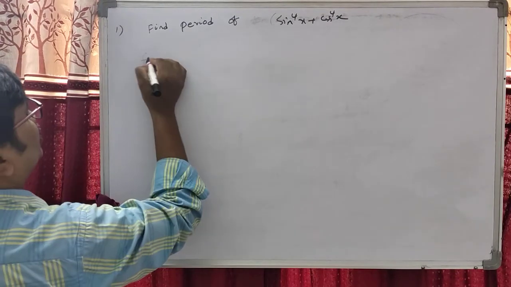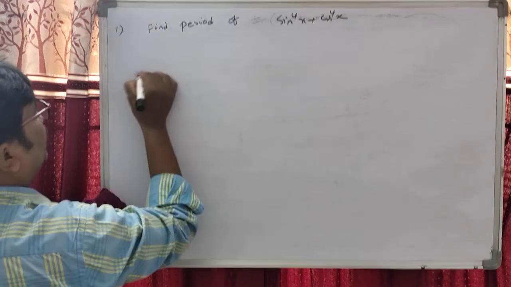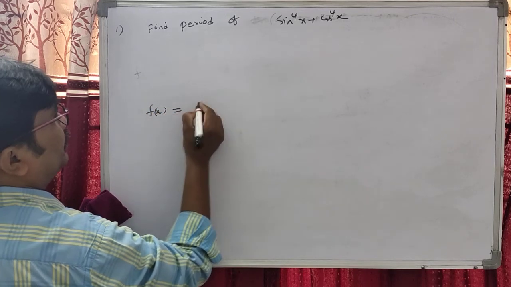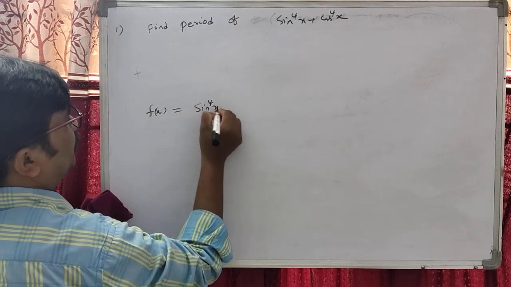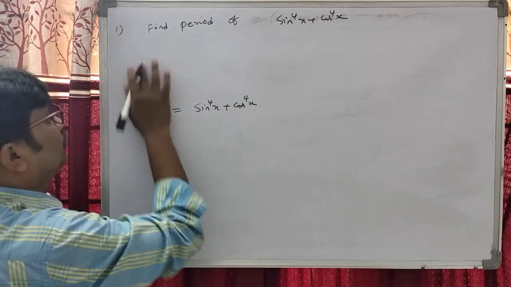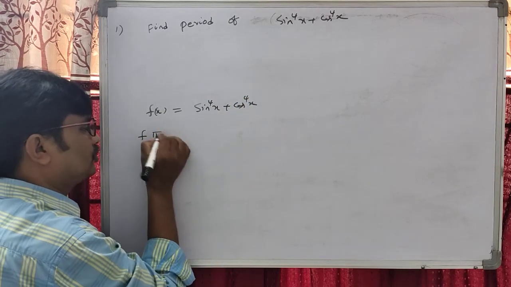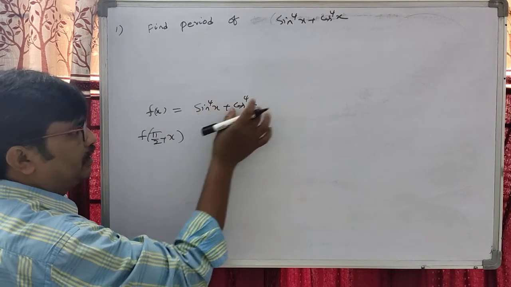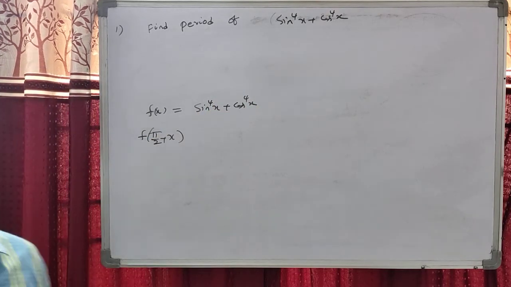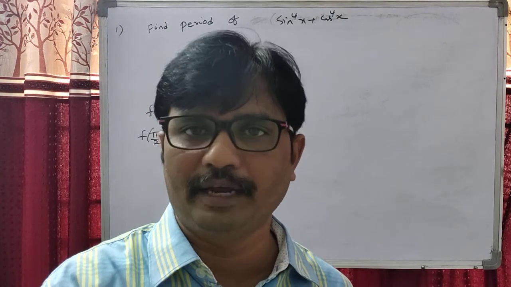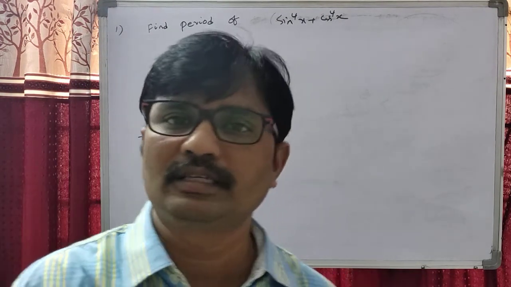We take f of x equals sin power 4x cos power 4x. We know that when they are given separately, the period of sin power 4x is pi, and cos power 4x is also pi.